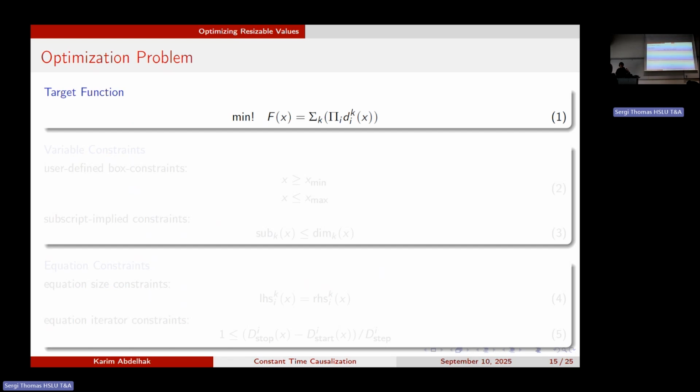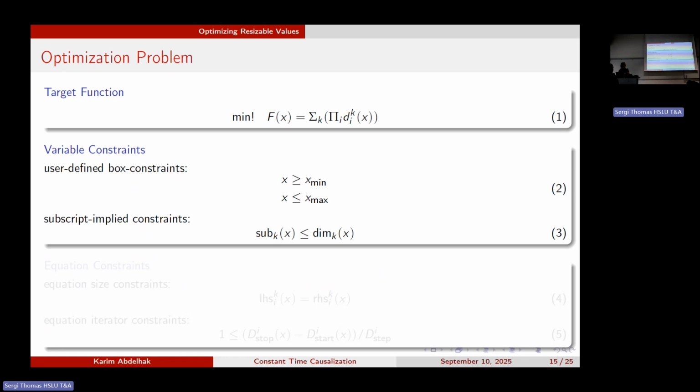Okay. In mathematical terms, this is our target function. We want to minimize f of x for x, where this is just a function that depends on x and symbolizes the size of one dimension. If you multiply all dimensions of one equation, you get the size of the equation. Then if you sum up all equations, you get the size of your model. Okay, our constraints: variable constraints, as I said, user-defined box constraints or subscript implied constraints.